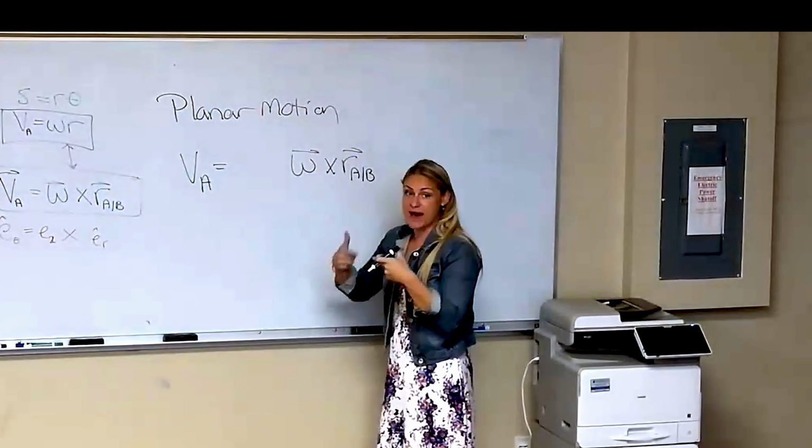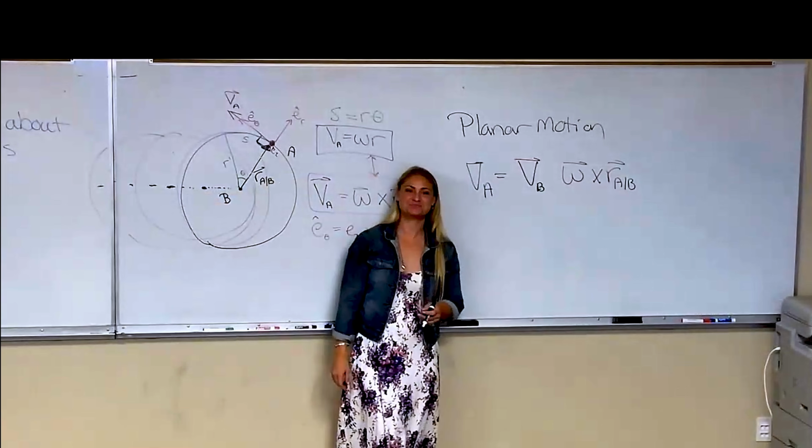But now we have to add the term VB. This will take into consideration how this point B, as in boy, is traveling in a transverse manner. So now you have your planar motion, okay?